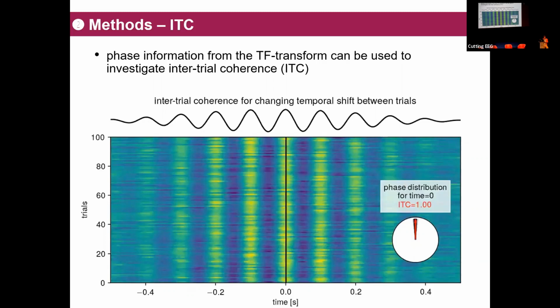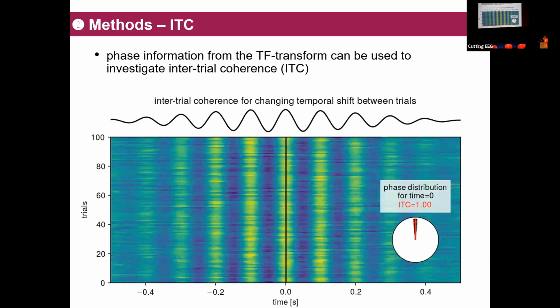Okay, so the signal is a slow varying sine wave, and what is shown here is the phase at this specific moment in time. Okay, and you can see that all the trials are kind of aligned and have the same phase, and that's when this intertrial coherence, which measures the phase coherence, has the maximum value.